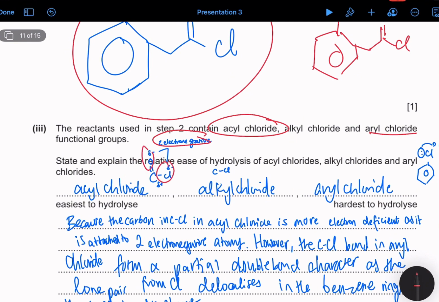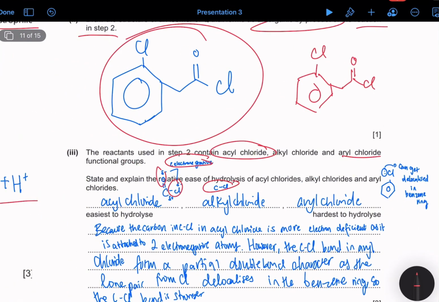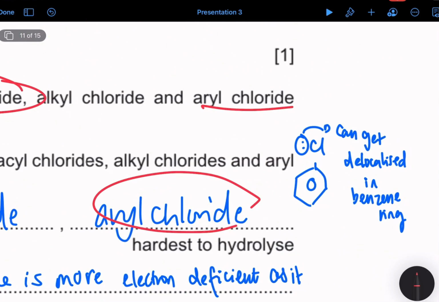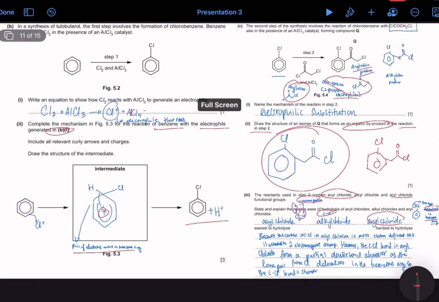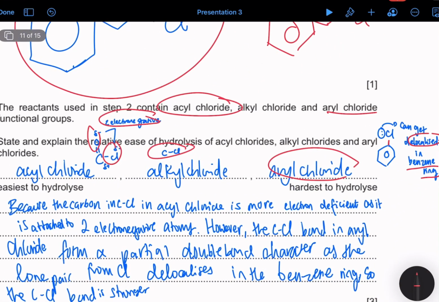For your alkyl chloride, you have your C-Cl bond, but for your aryl, the Cl is directly bonded to the benzene system itself, so your lone pair of electrons can get delocalized. That's why it's very difficult to hydrolyze.